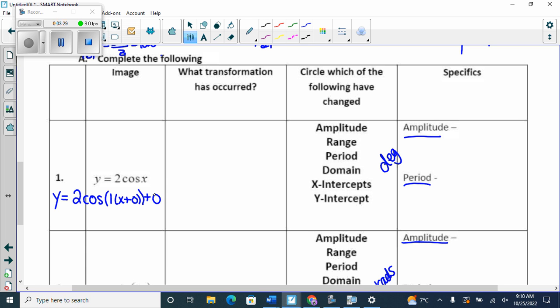So what's the only thing that's happening for this one for transformations? Yes. So we have a vertical stretch by a factor of 2 about the x-axis.